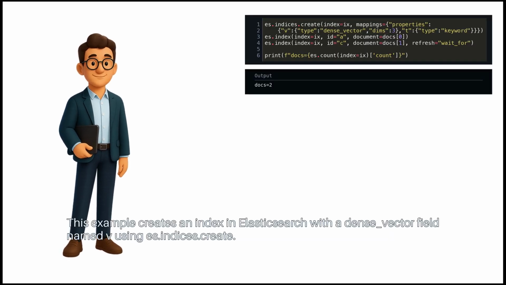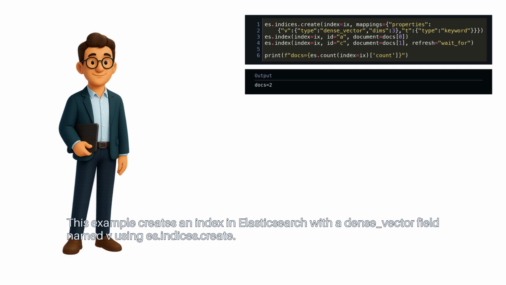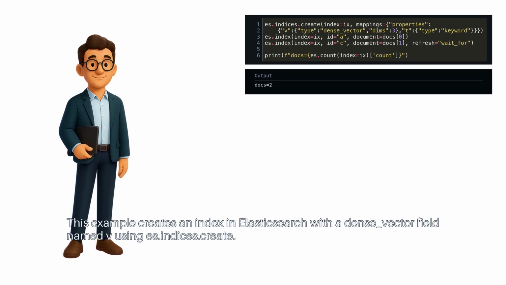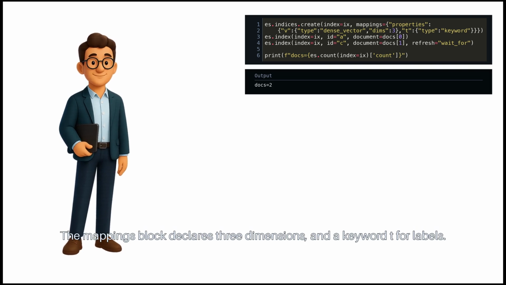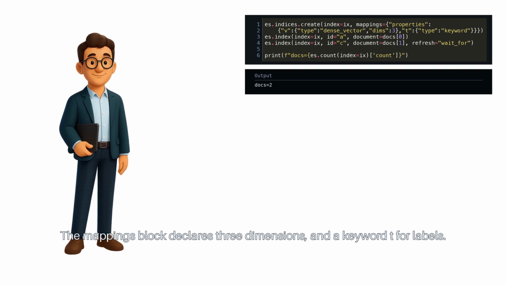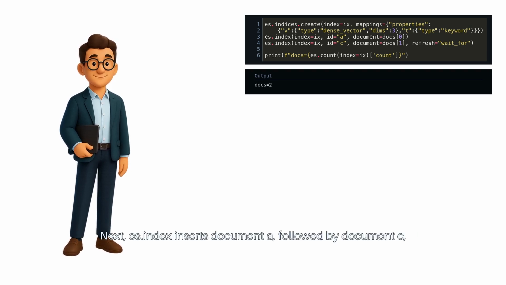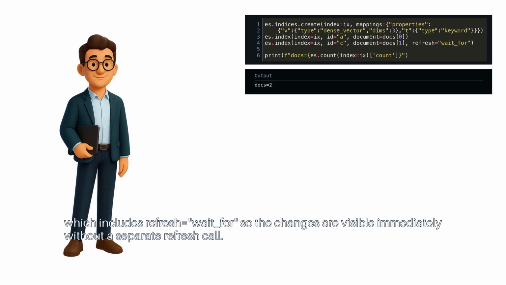This example creates an index in Elasticsearch with a dense vector field named v using es.indices.create. The mappings block declares 3 dimensions and a keyword t for labels. Next, es.index inserts document A followed by document C, which includes refresh wait_for, so the changes are visible immediately without a separate refresh call.